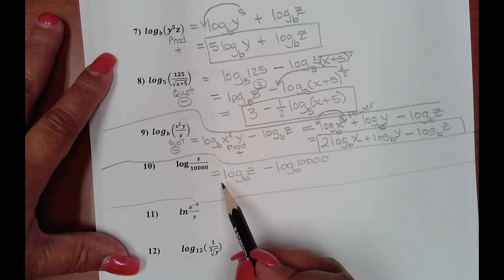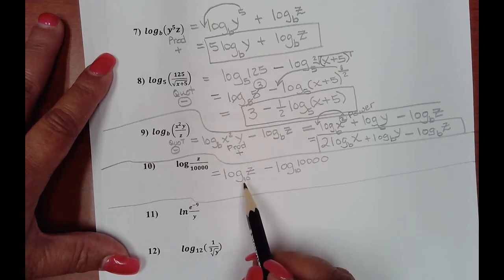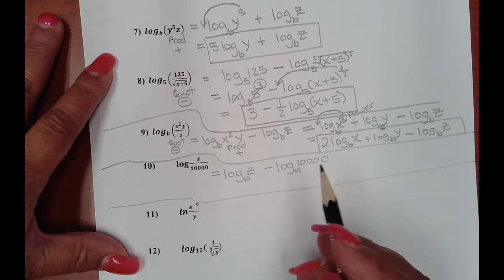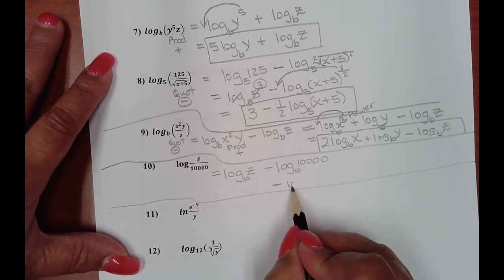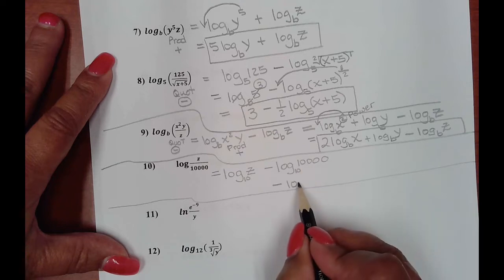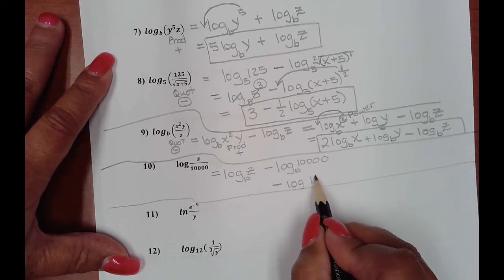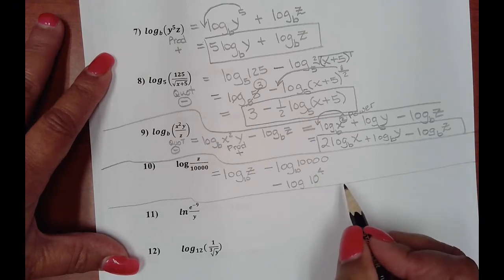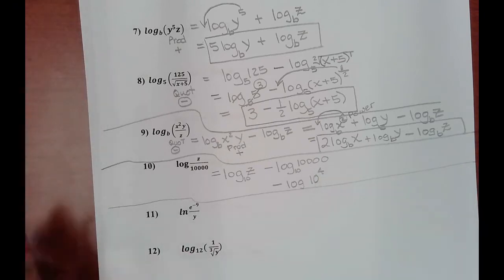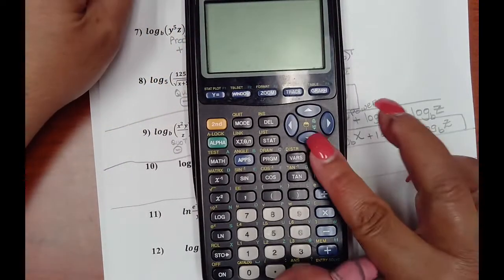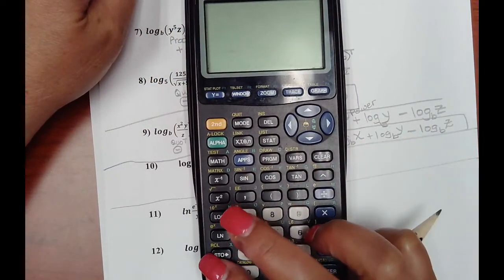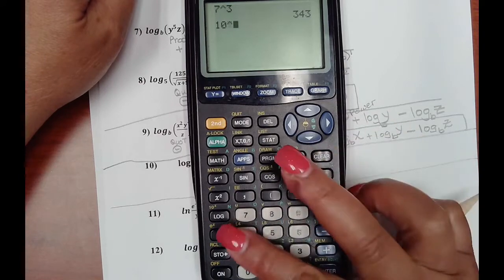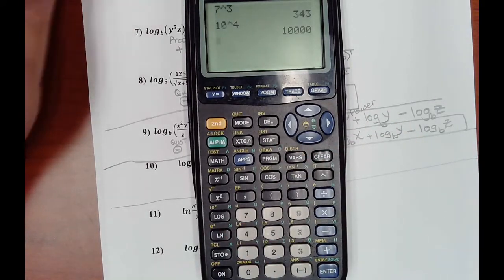Okay, can't simplify this because this is not the same as this, so that inverse property doesn't work, but it does work here because you can rewrite 10,000 as 10 to the 4th. Means it has 4 zeros on it. Okay, and if you're not sure of that, then 10 raised to the 4th, see, that's 10,000.